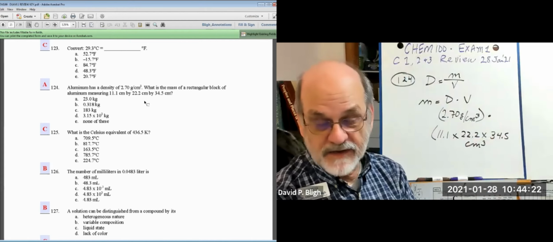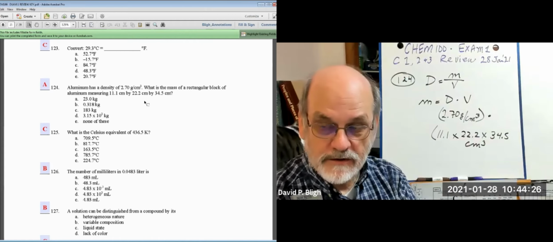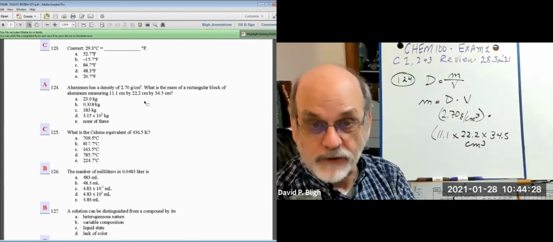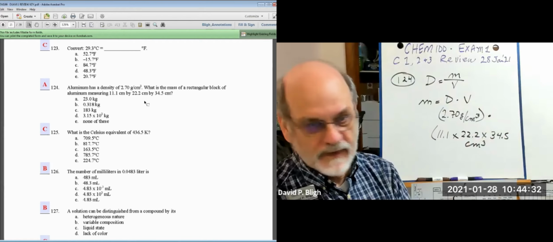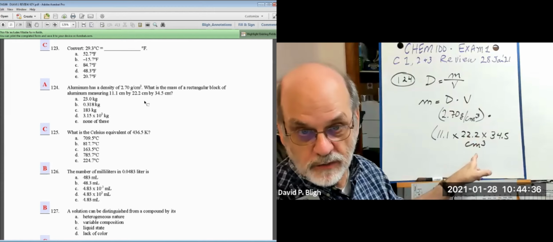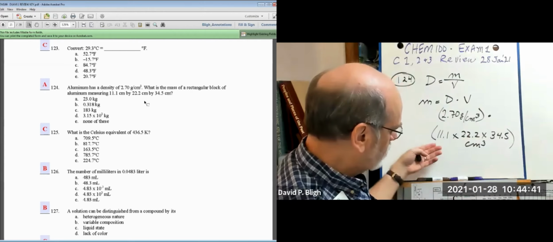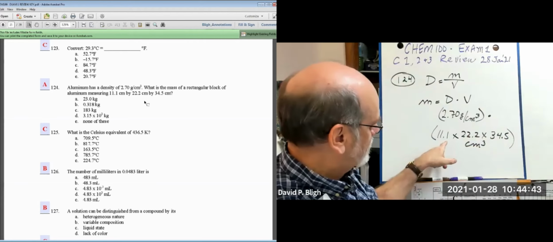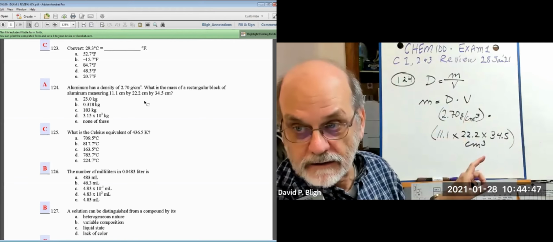And remember, in the sciences, you multiply numbers, you divide numbers, you add, subtract numbers. You also operate on the units of measure. So centimeters multiplied gives you centimeters cubed. So whatever this value is, times this value, and notice, this is all multiply.